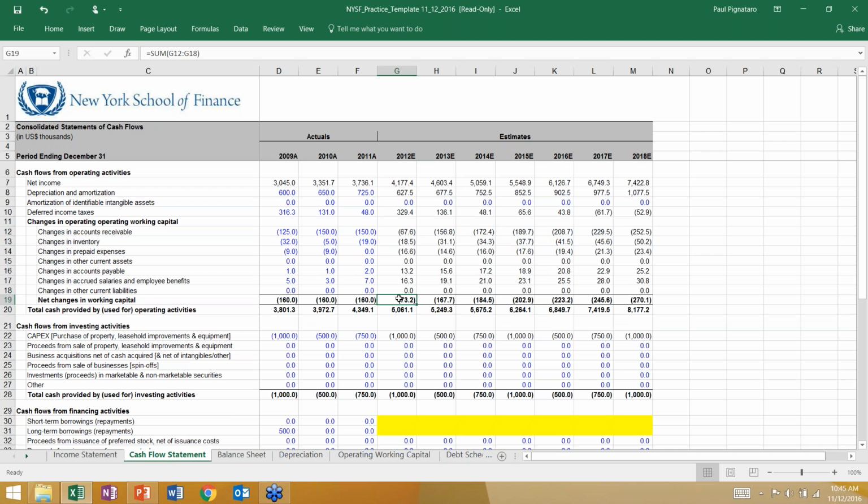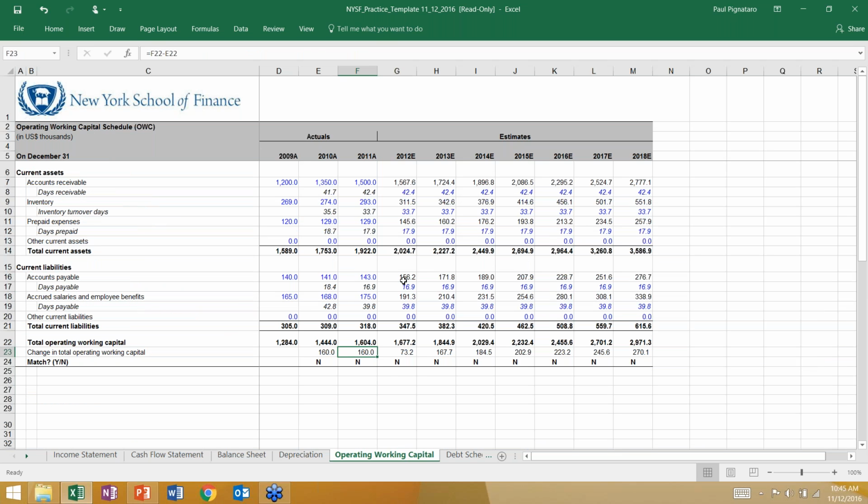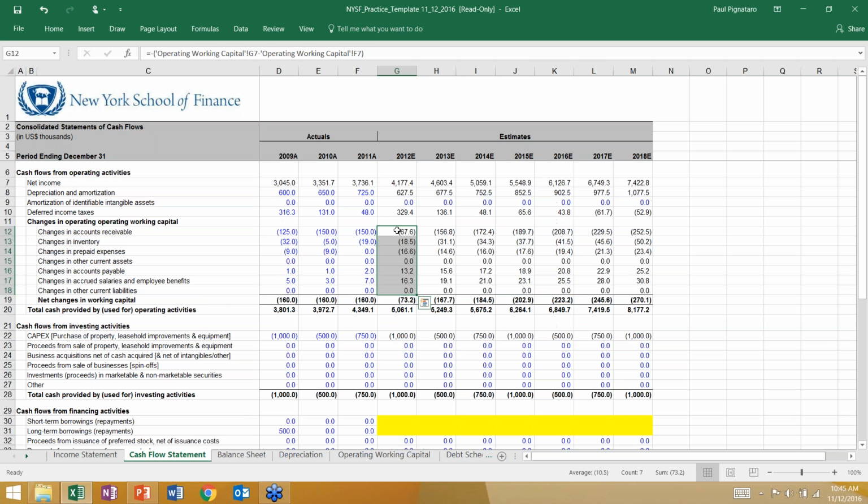And it avoids a couple of very common mistakes. One, mismatching these line items with the lines in the operating working capital. In other words, either excluding one of these line items or including maybe an extra one. This happens a lot. And more importantly, making sure our flows are going the right way.